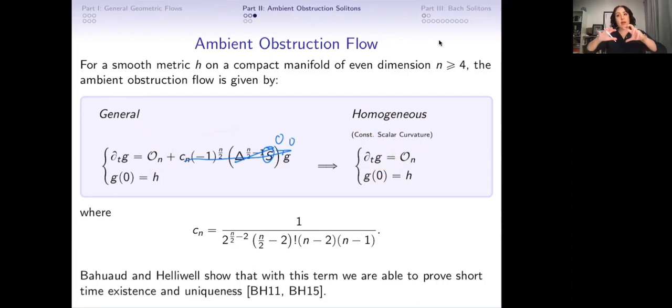So what I'm doing is modifying my setting so that my flow is more manageable. And by doing this, we'll see that it has consequences when we're looking at solitons that make what we're doing feasible.